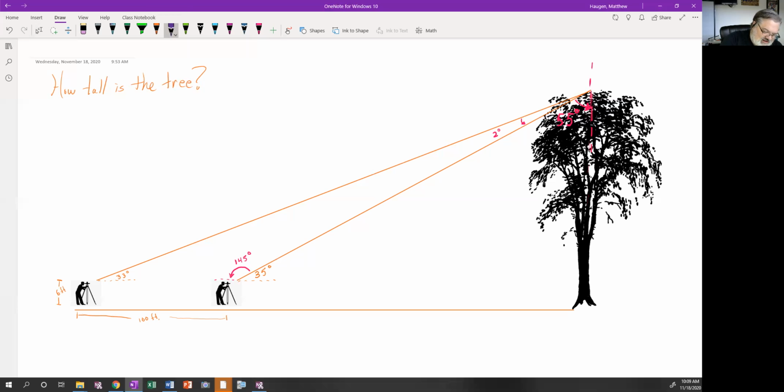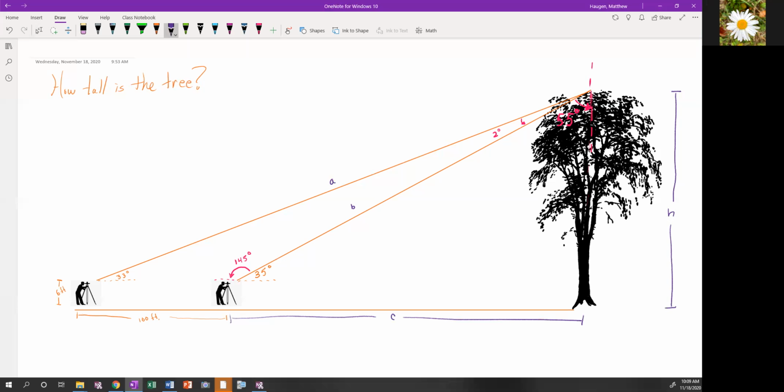Let's call this length A, this length B, then this length C, and this, because it's the height of the tree, I'm going to call H. So our goal is to find H, right? But what are we going to have to find next? Unless we've got some way to find H now. No.